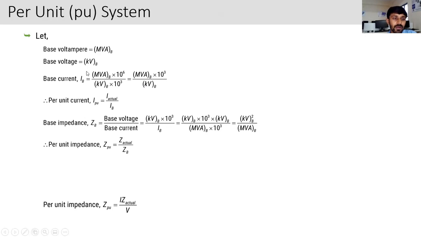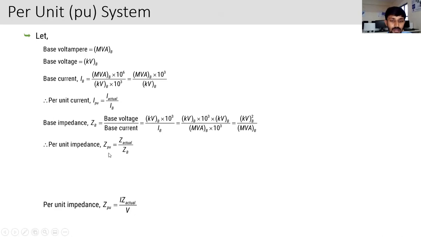First of all, we have to find the base value of the current, and the base impedance is the base voltage divided by base current. So what is the base voltage and base current? Here we can find it equal to kV multiplied by kV. We don't have to find IB, so directly this equation we consider: kV square divided by MVA.